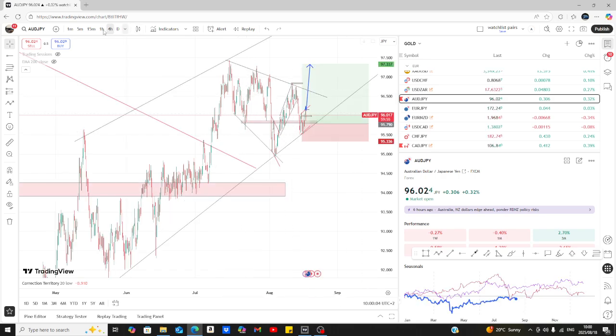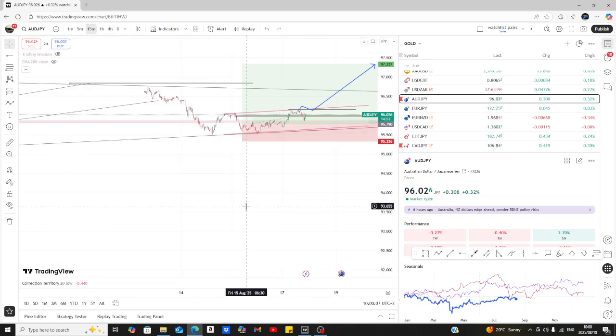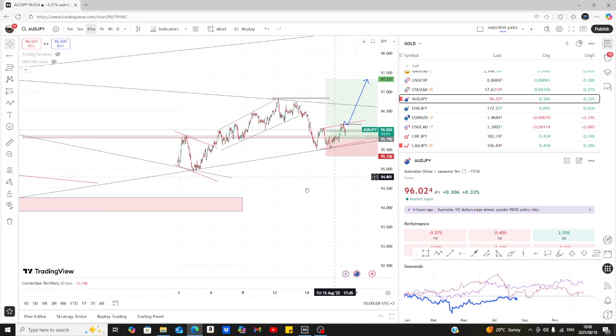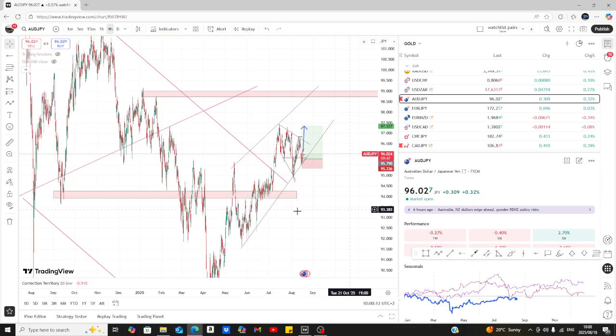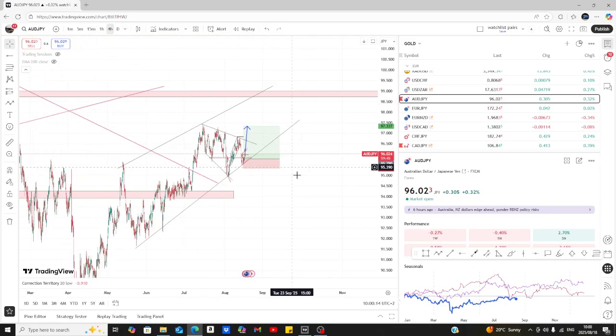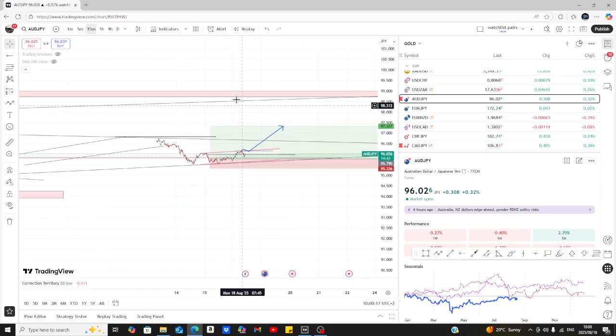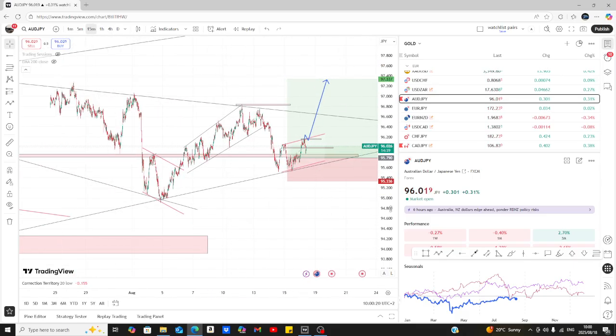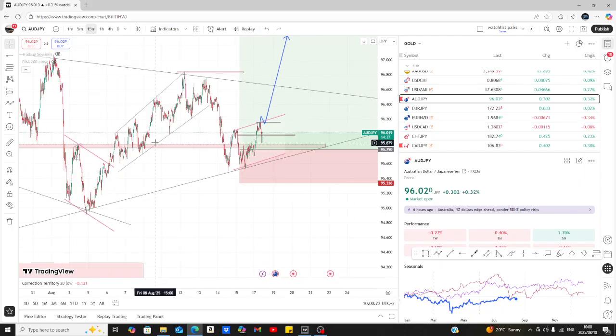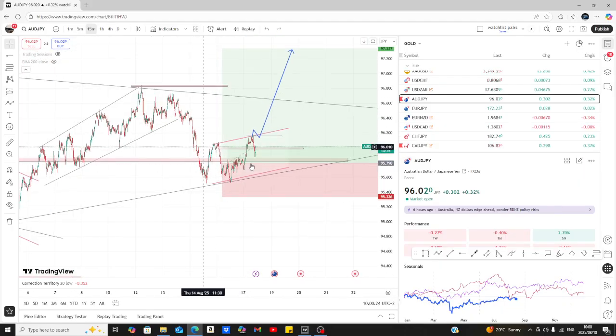AUD/JPY, from my last analysis on Friday, I spoke about this. I said that AUD/JPY was looking bullish because it was potentially in an uptrend sort of pattern for me. I entered on Friday, and the price closed with me in a drawdown. On Monday open, now I see the price is above, so I'm currently in profit on this trade.